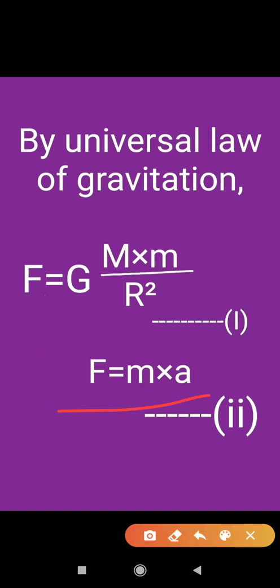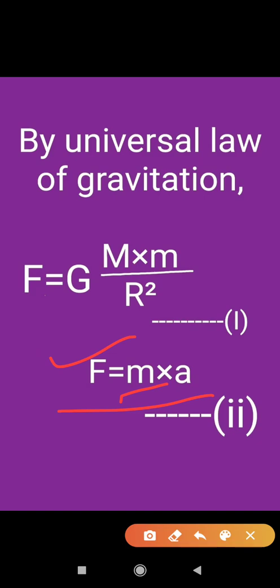Now the second equation. This force exerted by the earth produces acceleration. When acceleration is produced, with the mass of the body m, the force exerted will be F is equal to ma, Newton's second law.